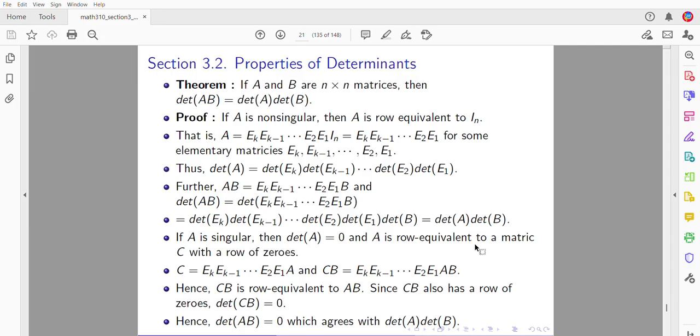Well, which is same as determinant A, determinant B. It doesn't matter what the determinant of B is. Okay? Determinant AB is 0. We know determinant of A is 0, you see. So determinant of AB equals determinant of A times determinant of B.